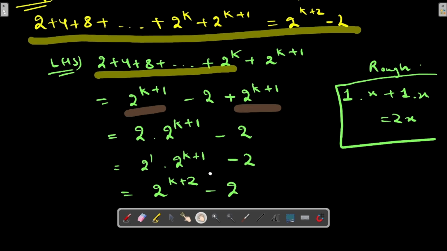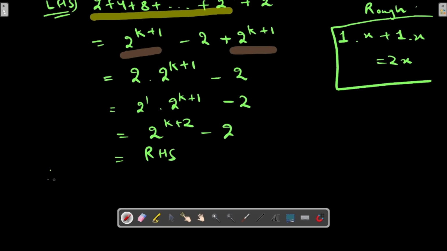Okay. So what we can say, therefore, n is equal to k plus 1 is true.